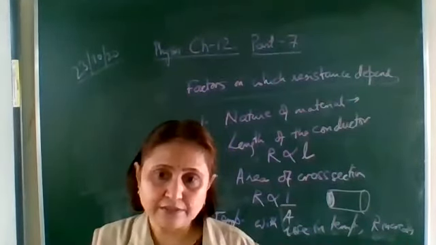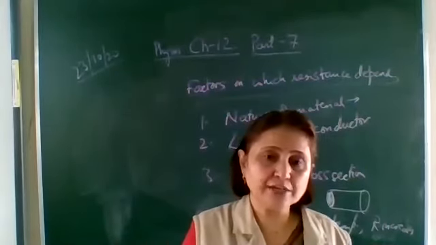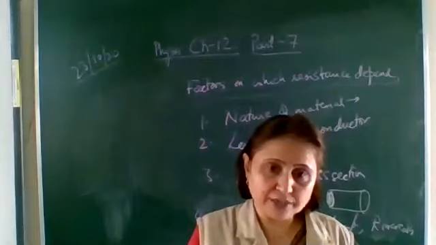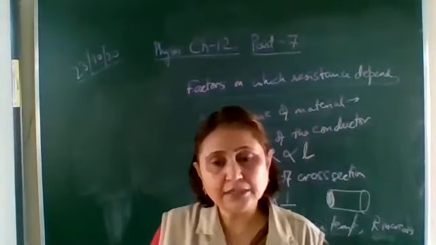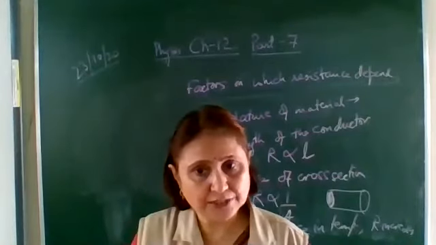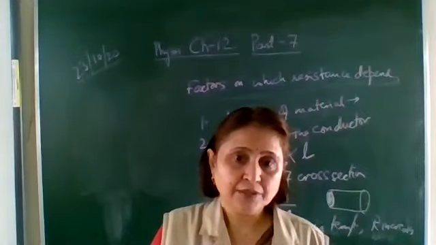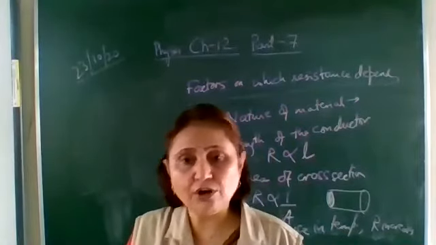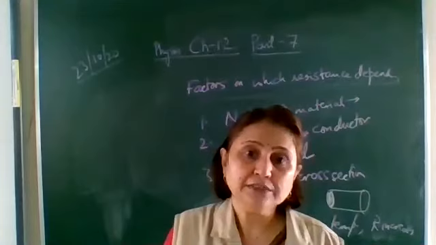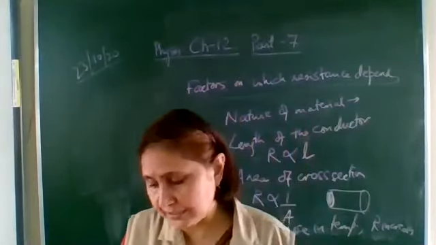So a good conductor is one which allows more current to flow through it, that is, it has low resistance. A poor conductor is one which offers more resistance, so less current flows. That is a bad conductor of electricity. And the one which does not allow the current to flow through it at all is called an insulator.